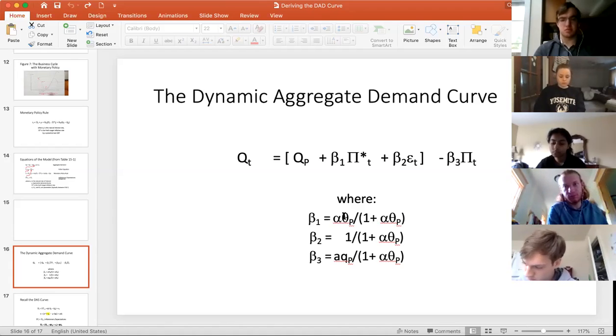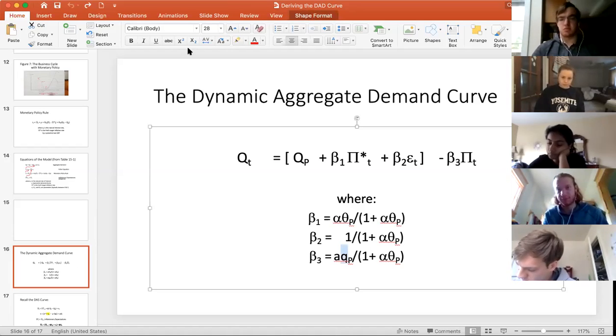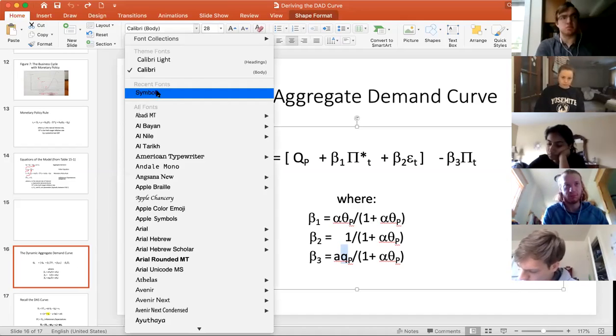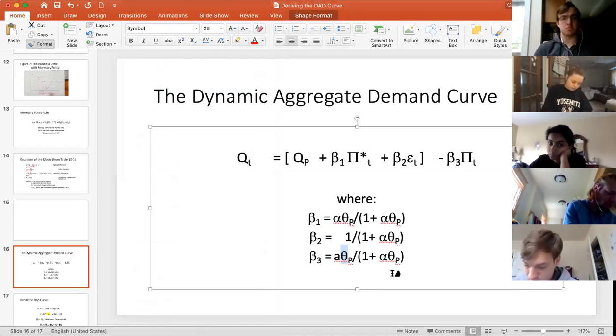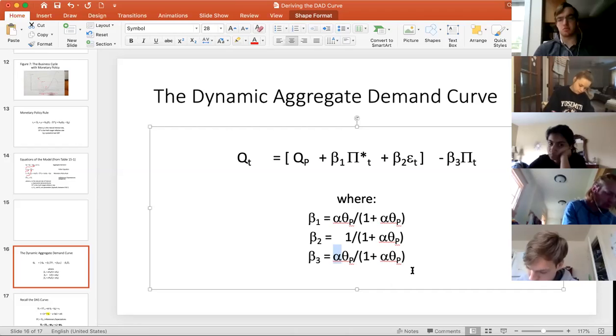No, that's not right. I think that is actually a different parameter. When I was translating the Greek letters, this one is not right. All of those parameters have a value between 0 and 1. So we're just multiplying fractions together, basically. Oh, okay, thank you.